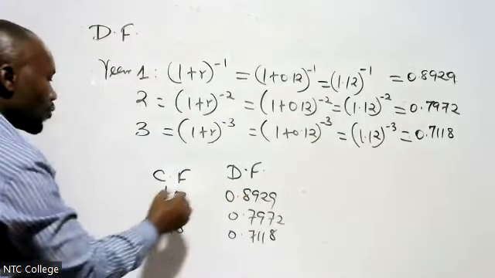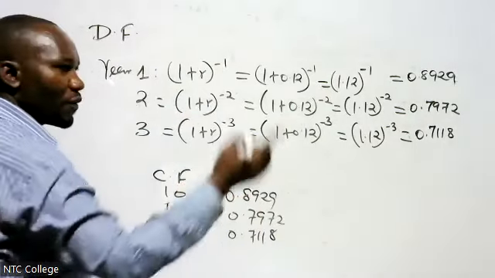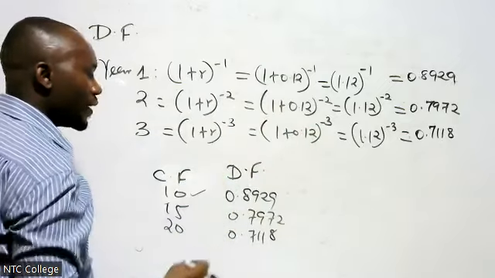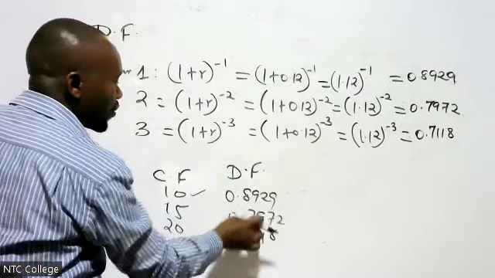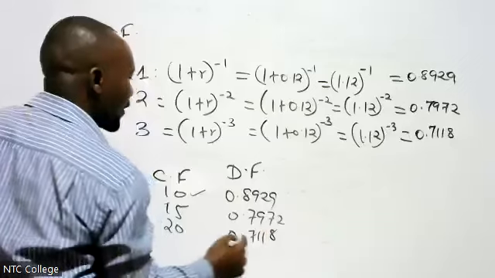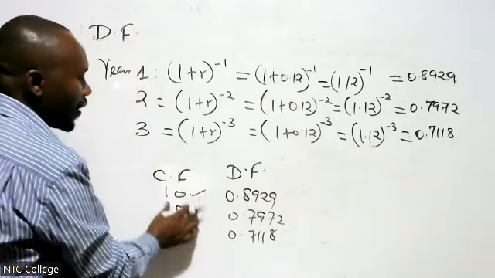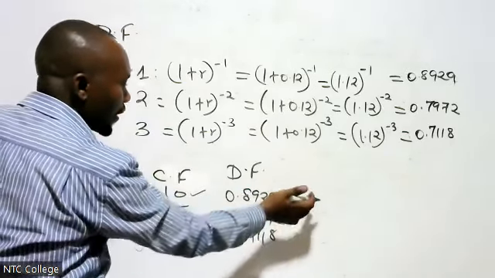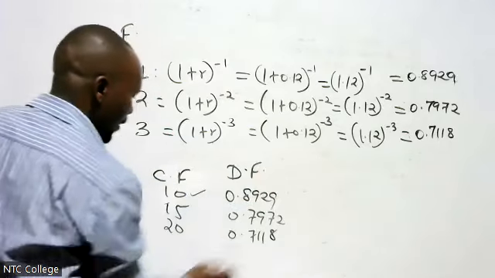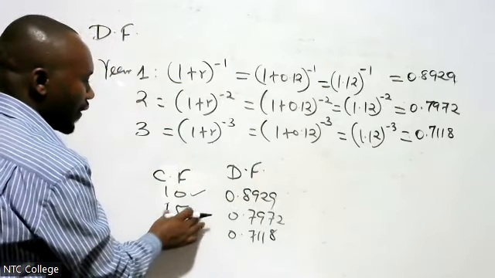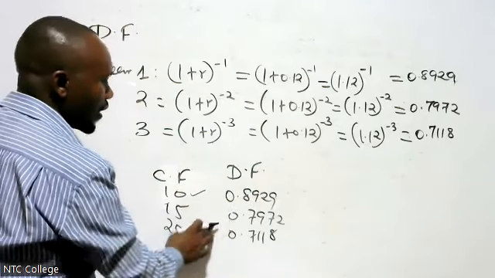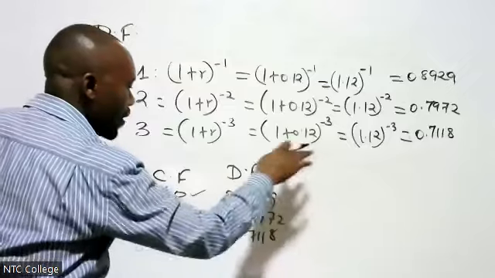It means that the cash flow should have been 10, but because of the decrease in the value of money, we have discounted it, so it is going to be lower. We are saying that 10,000 at the end of year 1 cannot be 10,000 again. It will be equivalent to 8,000. 15,000 at the end of 2 years will not be 15,000 again. It will be a lower figure.